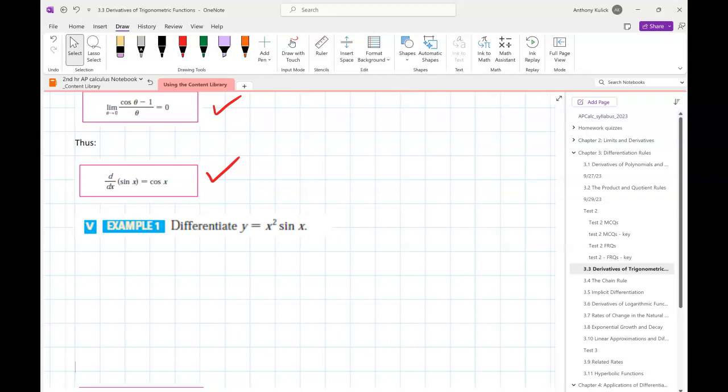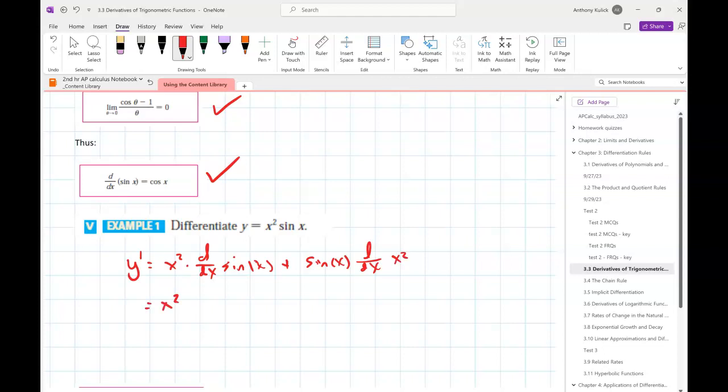Very good. So Pierce identified that this is a product rule situation because we have one function, x squared, times another function, sine x, and there's no way algebraically to combine the x's together. So it must be done using a product rule. So y prime is x squared times the derivative of sine x plus sine x times the derivative of x squared.